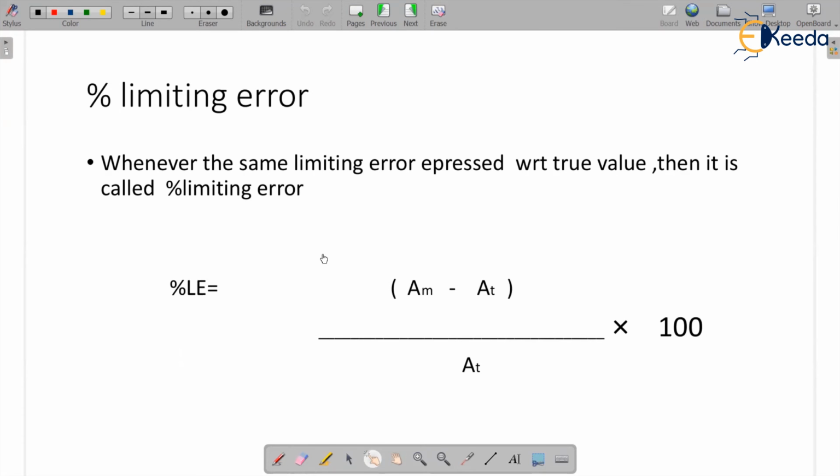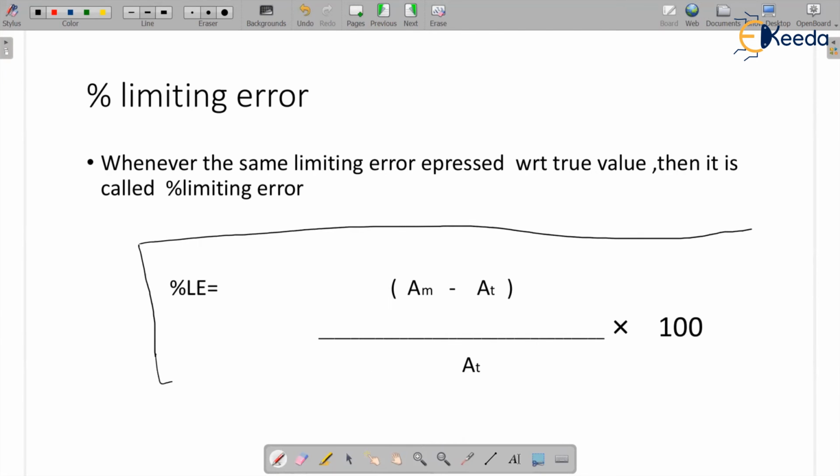You know how to calculate a limiting error; we did 4 examples. This is also one of the most important formulas, so your entire error analysis will depend mostly on these 2 formulas.